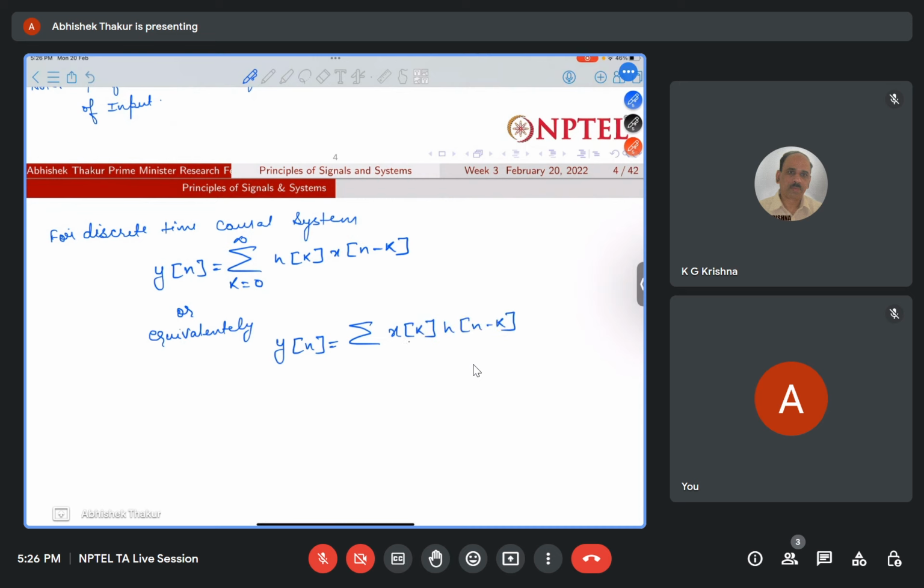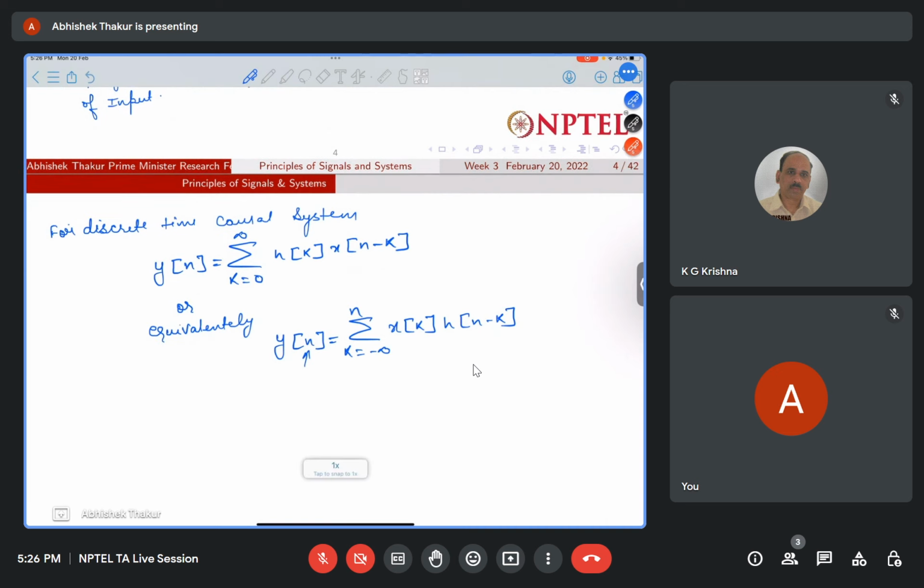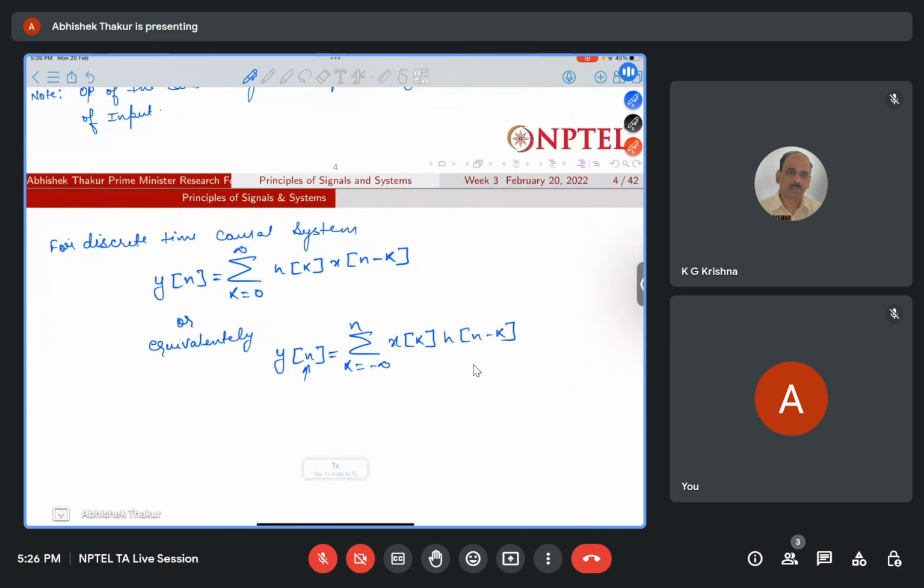Only thing is that this k will be from minus infinity to n, because this input is at n, so the output is y[n]. For a causal system, it depends only on the present and past input, so k will be negative or up to n. So k is less than or equal to n. That's why we have taken k equal to minus infinity to n. This is for a causal system.